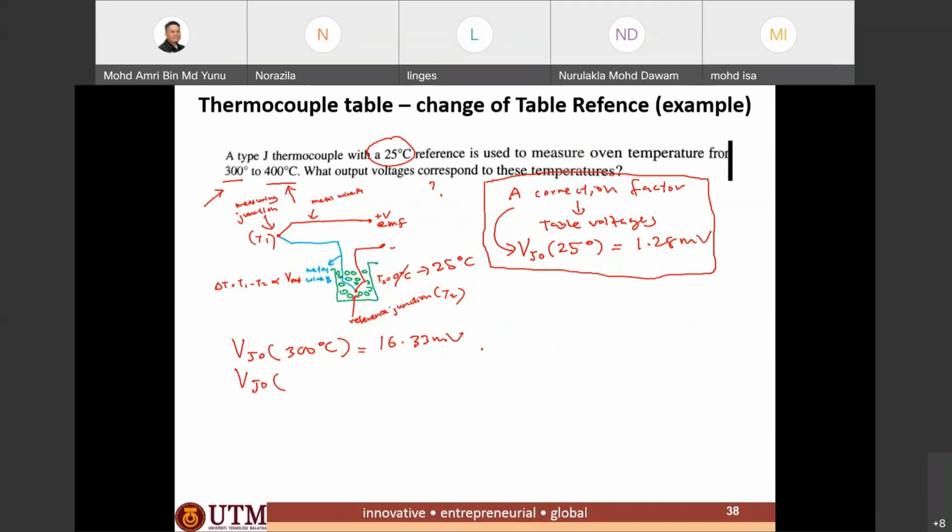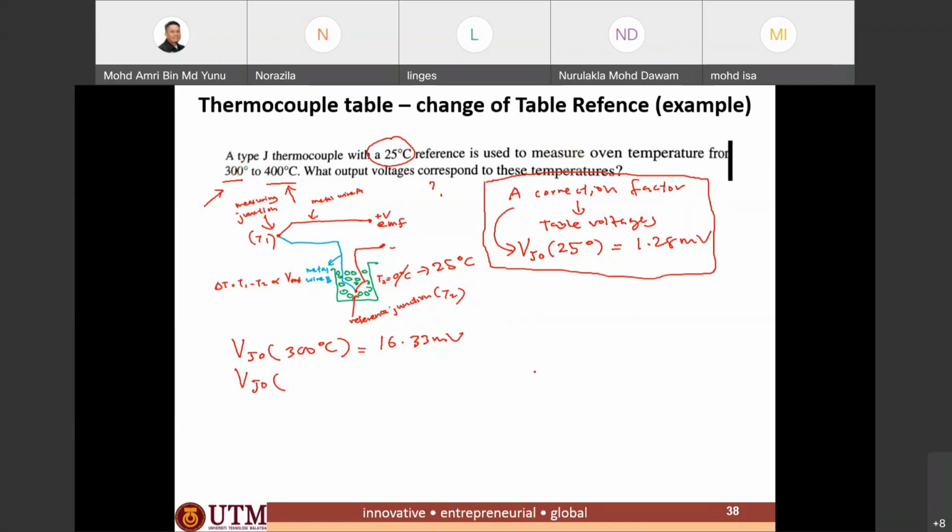Next, what is the output when the temperature is 300 degrees Celsius and 400 degrees Celsius? Remember that our actual reference value has increased to 25 degrees Celsius. So the second step is to find the output at 300 degrees Celsius when the junction is at 0.